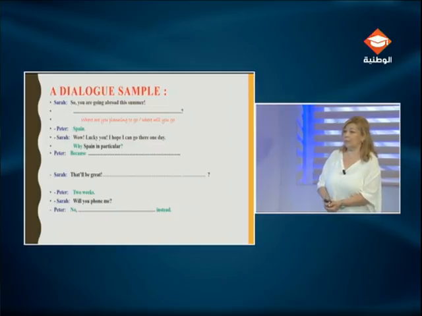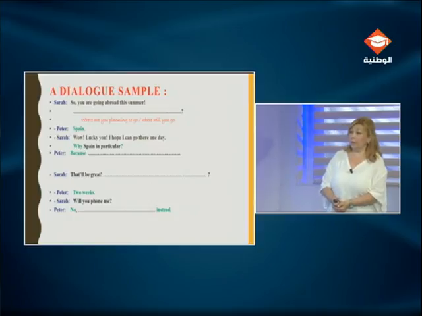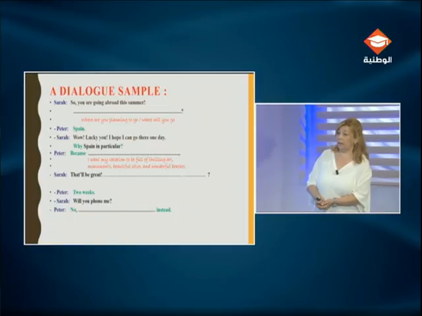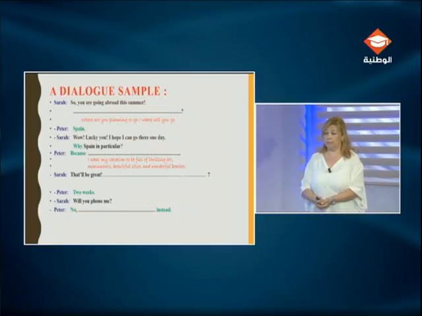We need an affirmative sentence, and we have to give a reason why he has chosen Spain. Because I've always loved to visit Spain. Because Spain is famous for its beaches. Because I want my vacation to be full of thrilling art, monuments, beautiful cities, and wonderful beaches.